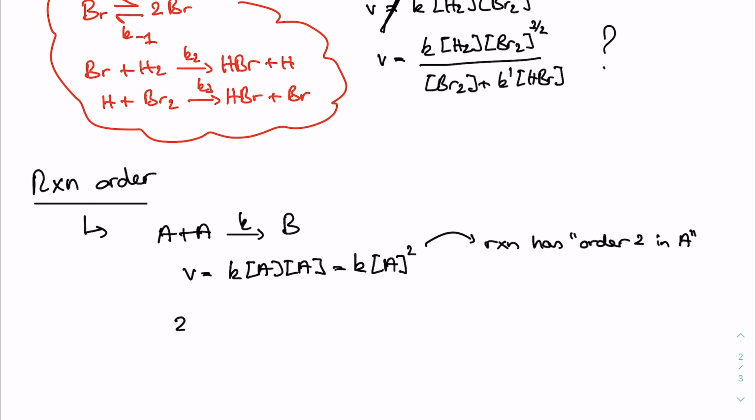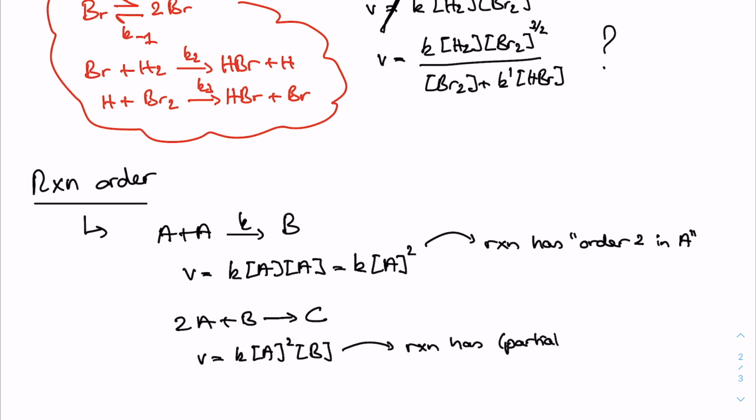If we take 2A plus B gives C, then we have a rate K times A squared times B. So you say the reaction has partial order 2 in A and 1 in B, and the total reaction order is 3.